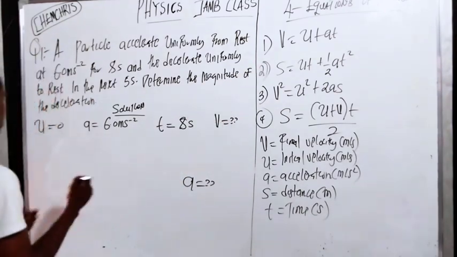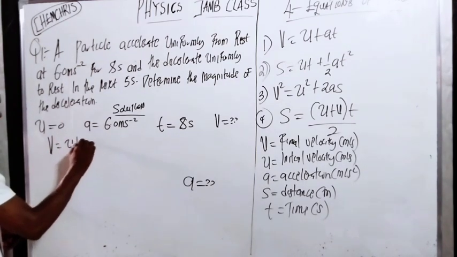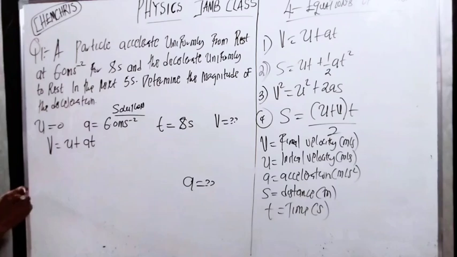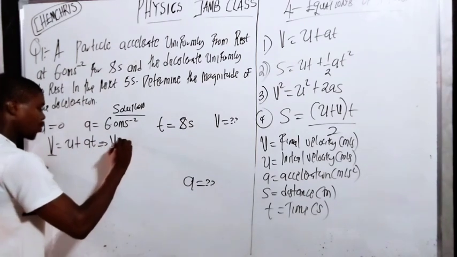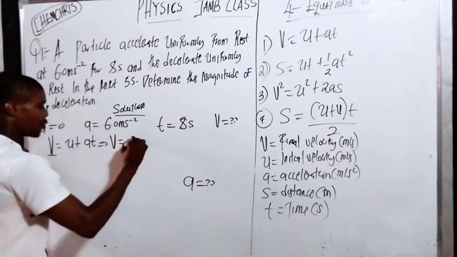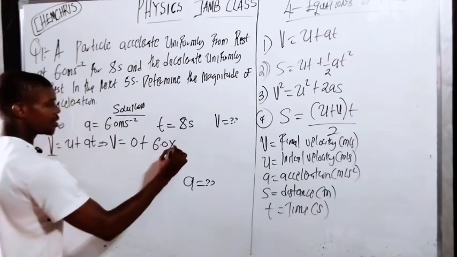So we are going to use v equals u plus at, right? Let's calculate from here. v equals my u, which is 0, plus a, which is 6.0, times 8.